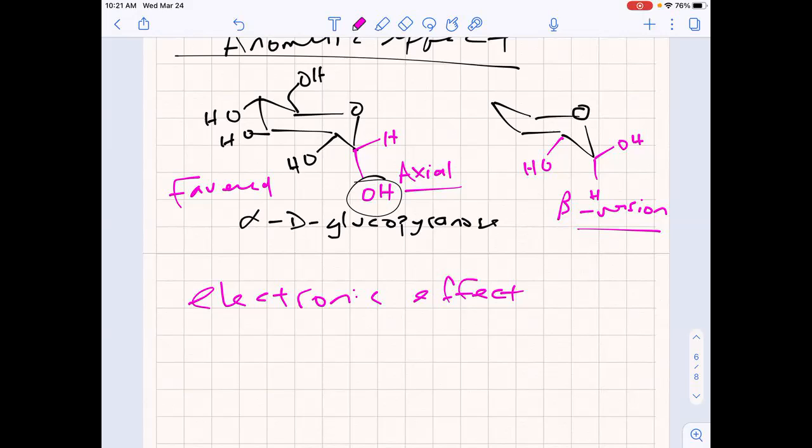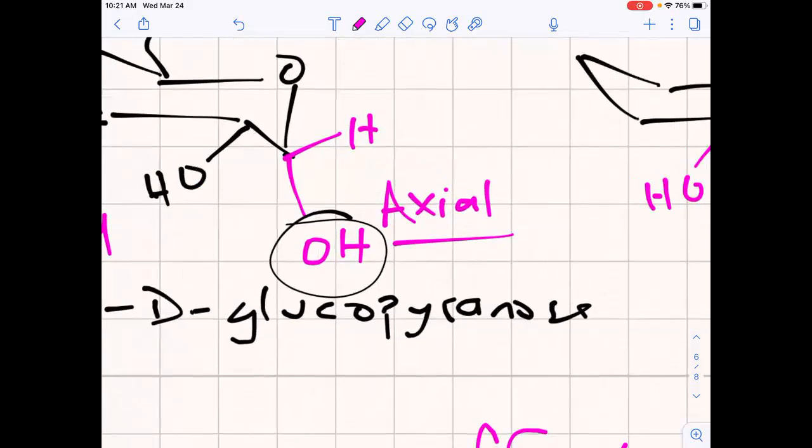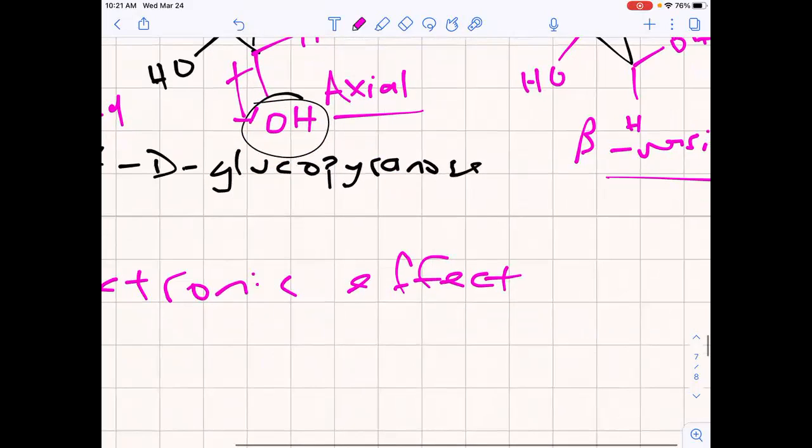Because if you look here, obviously this dipole is going in this direction, and then you have a dipole going in that direction. So the anomeric effect basically says, and this applies to alkoxy and halogen substituents on a ring that has an electron withdrawing group in it.